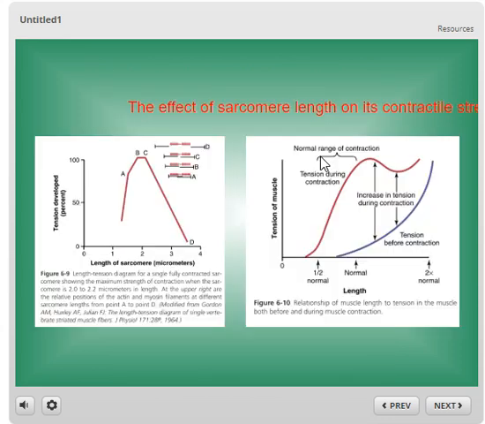This picture shows the effect of sarcomere length on contractile strength.